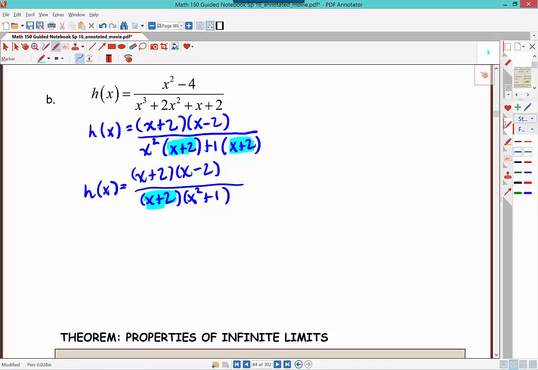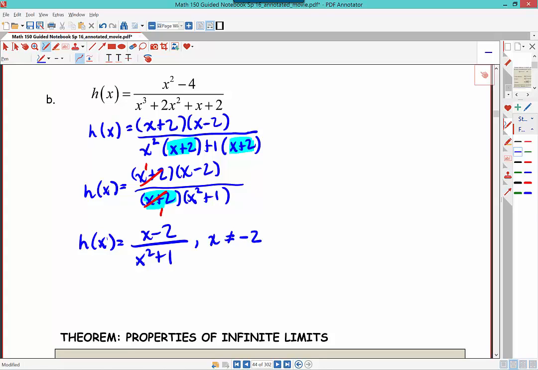And then it looks to me like we can certainly divide out an x plus 2. And we can say, okay, h of x is equal to x minus 2 over x squared plus 1 as long as x is not equal to, very good, negative 2.